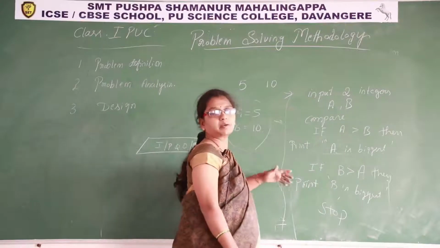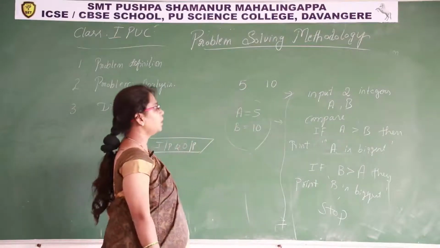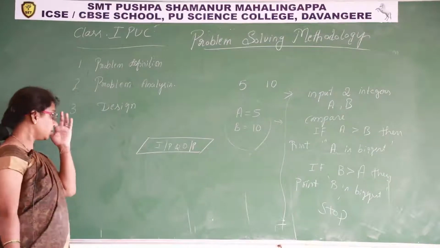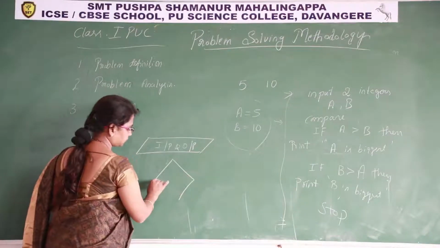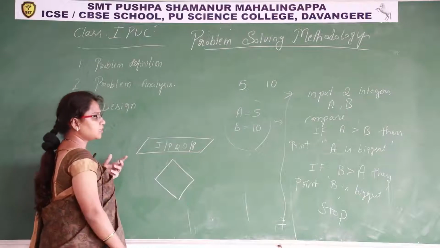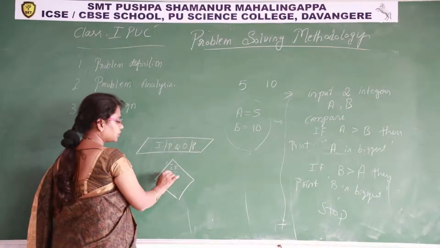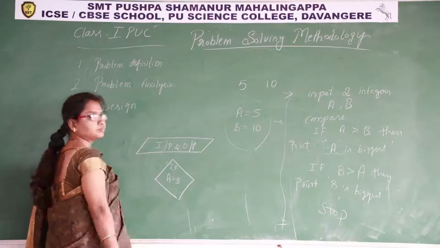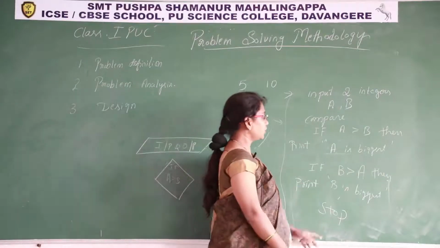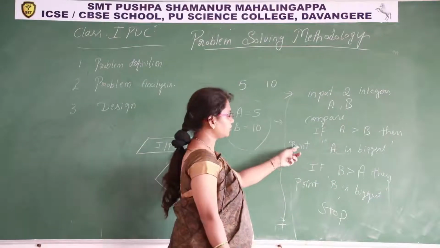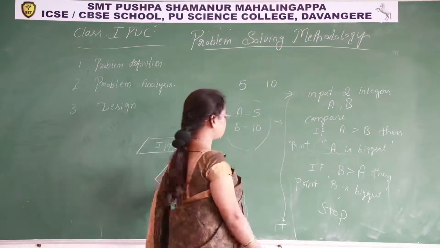In this example, comparison is there. So how to write comparisons? In a rhombus. What is the comparison? If A greater than B, isn't it? Okay, here also rhombus. Then print. Print means display. Print again parallelogram.